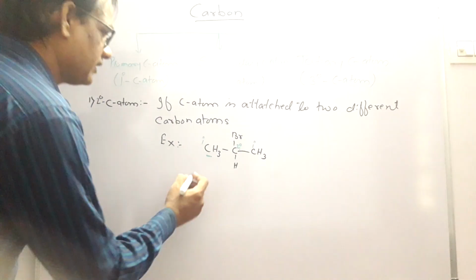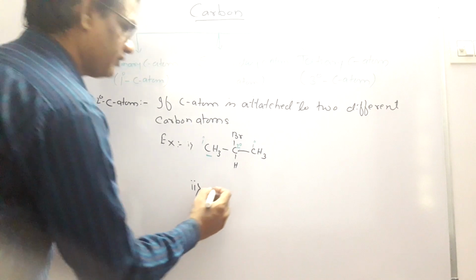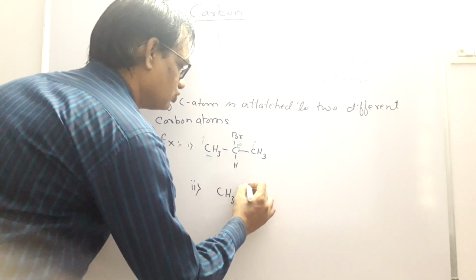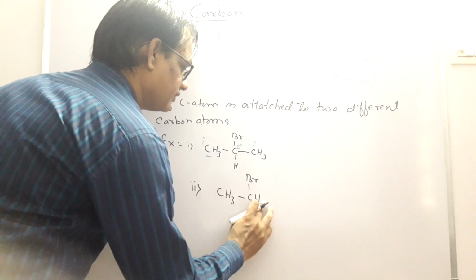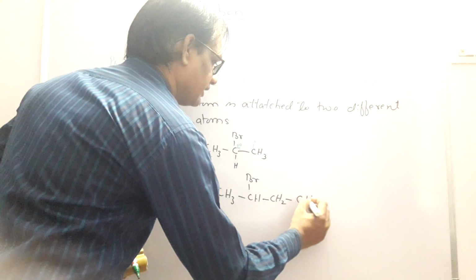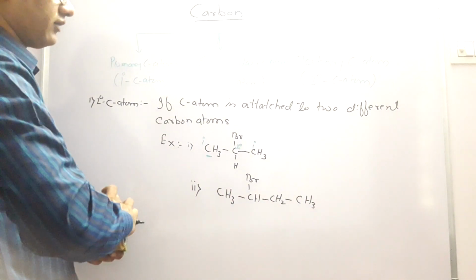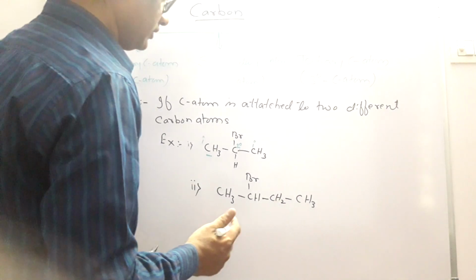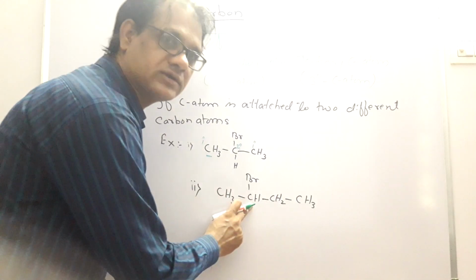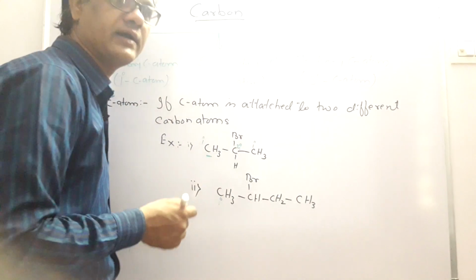Well, let's take another example. Suppose this is the first example, this is the second example. So we can take another example, CH3CH2CHBrCH2CH3. Now look here. There are 5 carbon atoms. This carbon atom is directly attached to only one carbon atom, therefore it is a primary or 1-degree carbon atom.